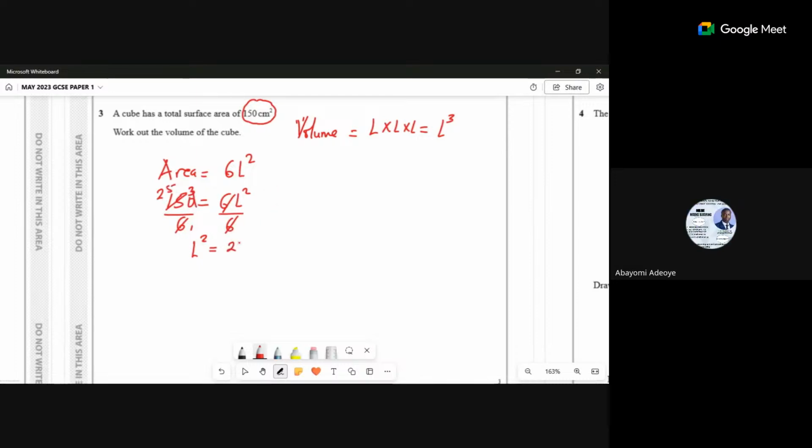So L squared equals 25. So L equals the square root of 25, which is 5. So the volume now is 5 raised to power 3, which equals 125 centimeters cubed. You get that?